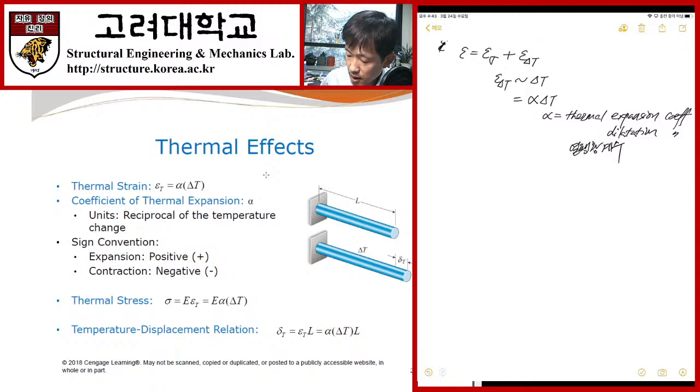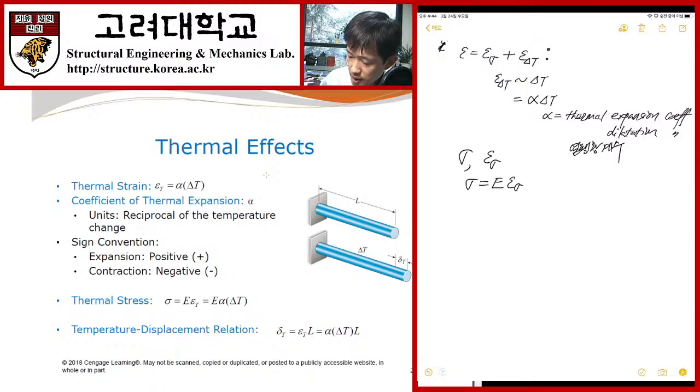Then how do you write the material law? My material law, the Hooke's law, is given for only the stress and its related strain. So my Hooke's law is: stress is elastic modulus times the strain caused by the stress.